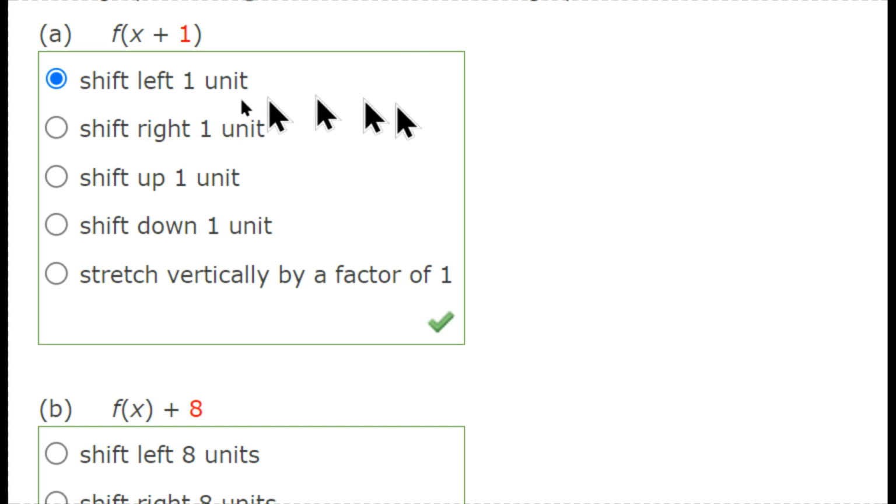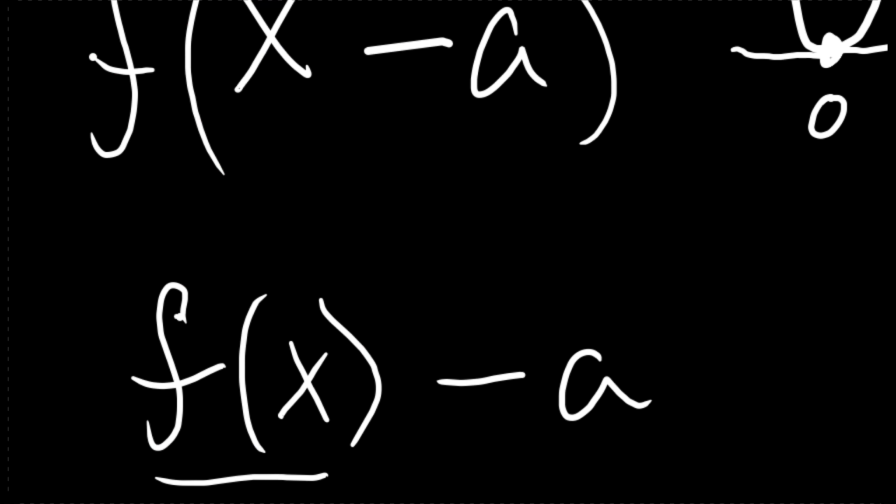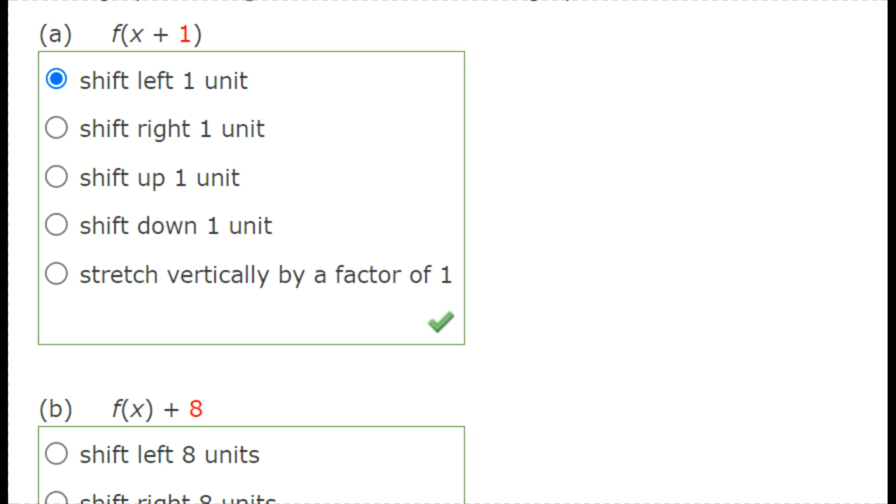We're not given the function explicitly, we're just told that it is a function, f. And like I said, you can reason your way through this just by drawing a picture.